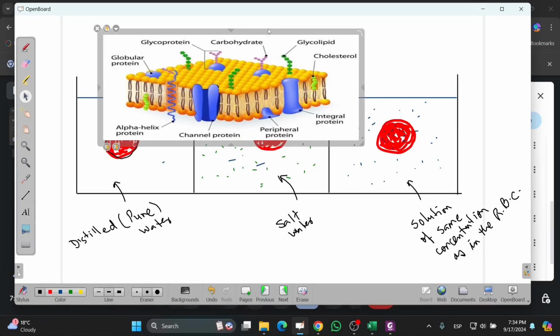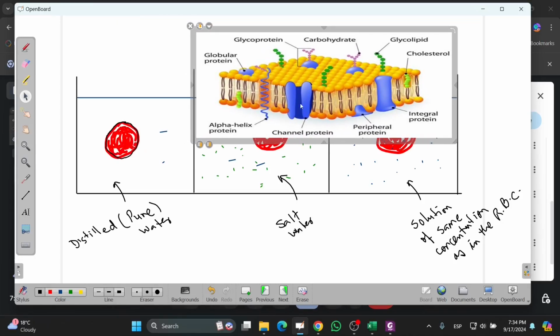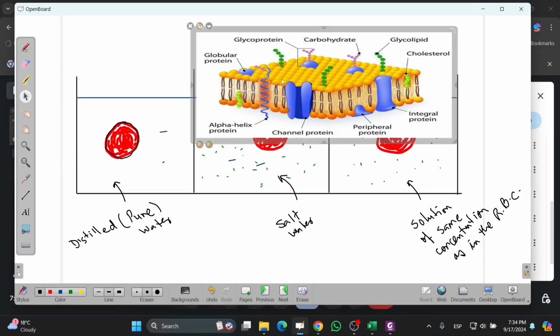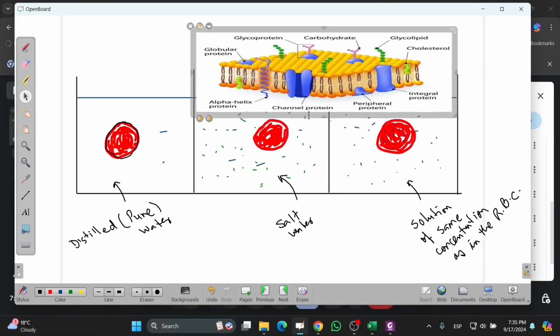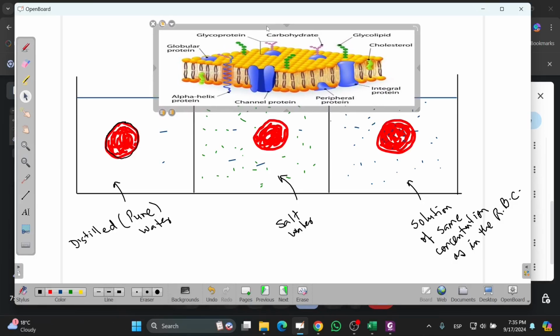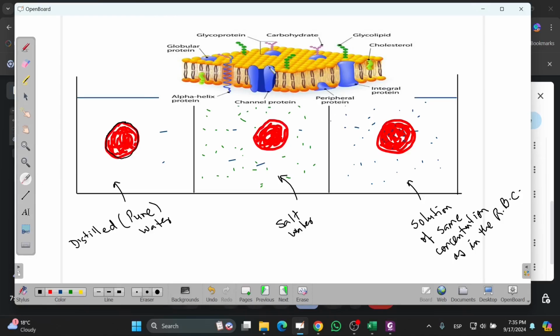This is the cell membrane that is present in all our cells: red blood cells, white blood cells, skin cells, muscle cells, they all have a membrane similar to this one. And that membrane is semi-permeable. What do we mean by that? It will allow certain substances to go through, but not big molecules. Among these tiny particles that can go through is water, and some ions like sodium and potassium ions, right?